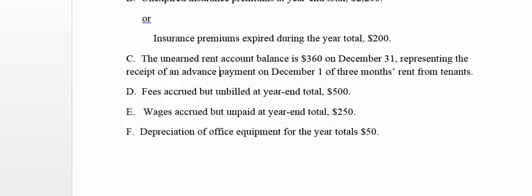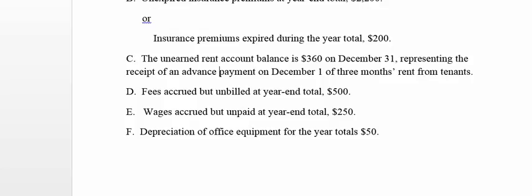On December 1st, we would increase the cash account with a debit for $360. But you guys, we can't call that $360 rent revenue on December 1st, because remember, to record it as revenue, it has to have been earned. Well, on December 1st, those 3 months, that's December, January, and February, we haven't earned any of that rent.